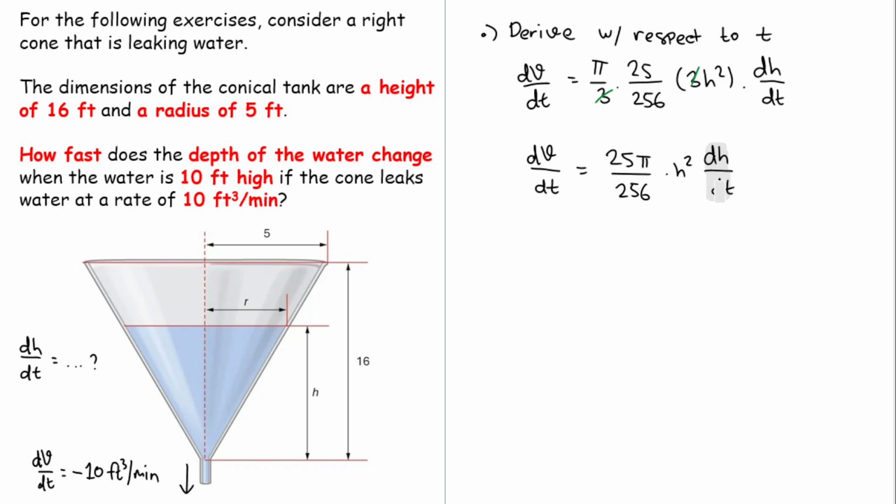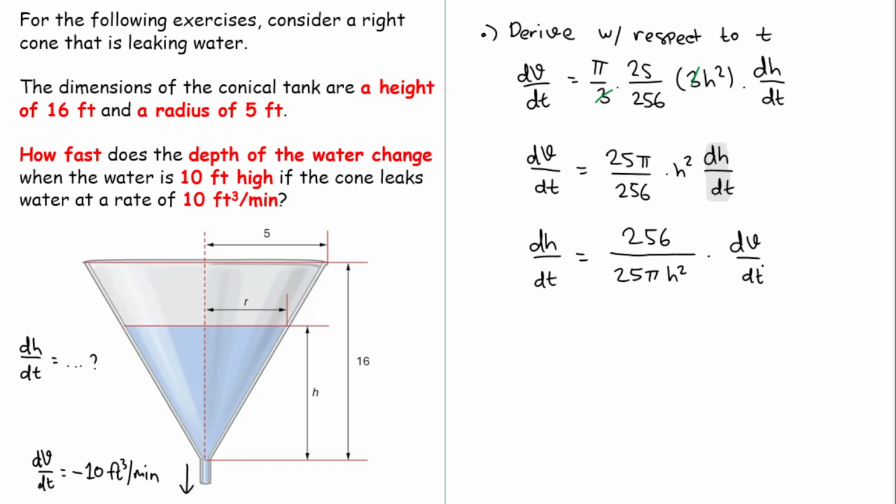So let's isolate that. So here we will have dh/dt equal to 256 divided by 25 pi h squared, multiplied by dV/dt.